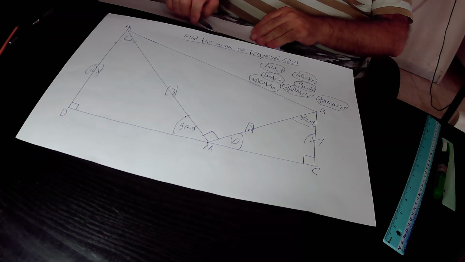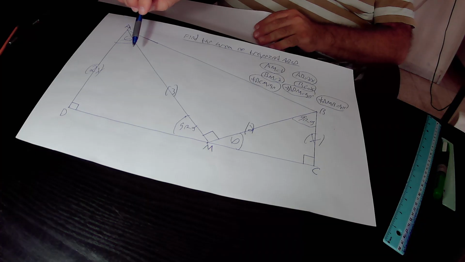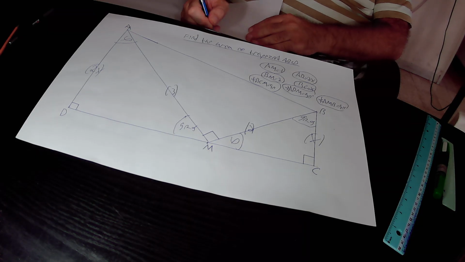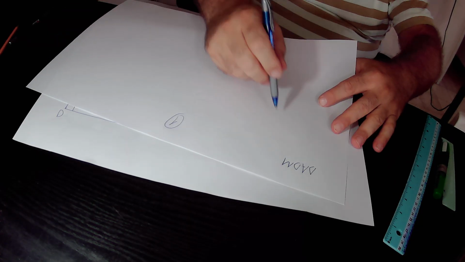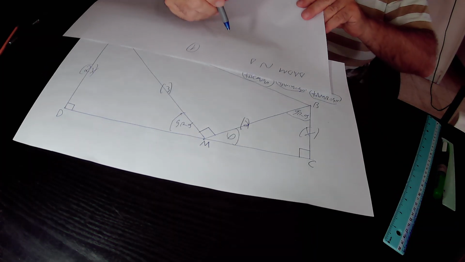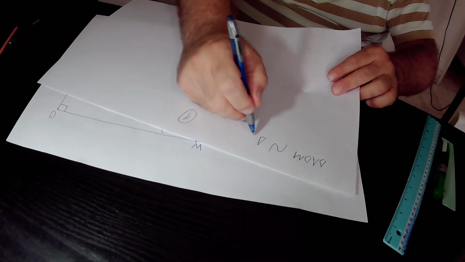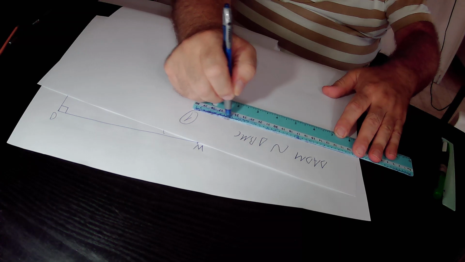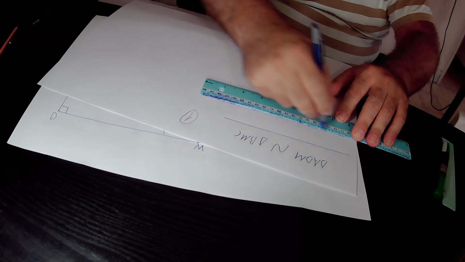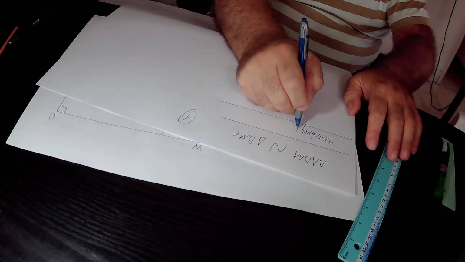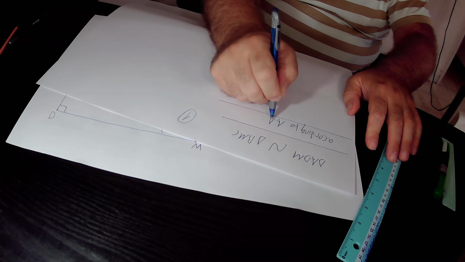We found out that this right triangle ADM, the big right triangle ADM, is similar, this is the sign of similar, to the right small triangle BMC, according to the angle similarity rule.